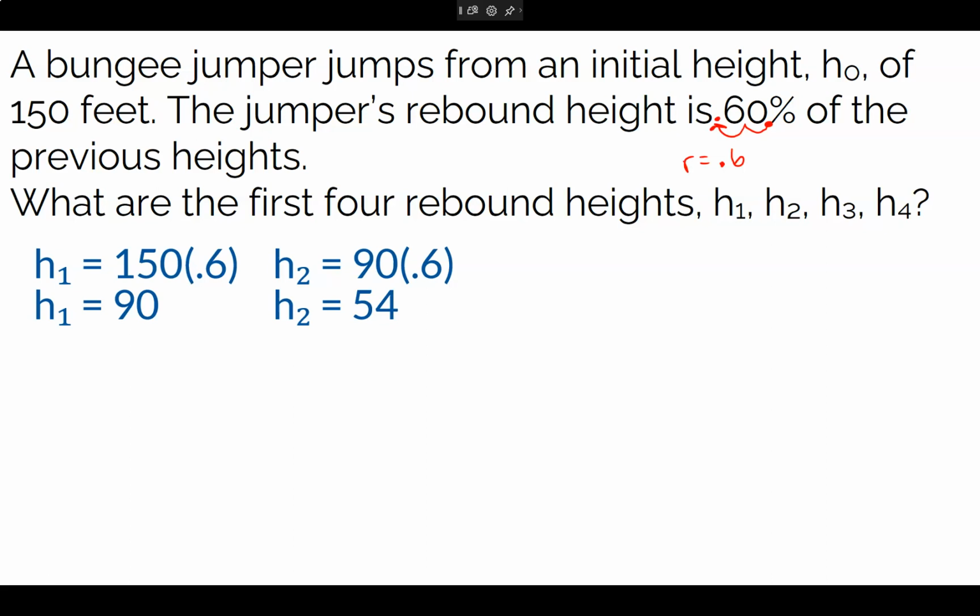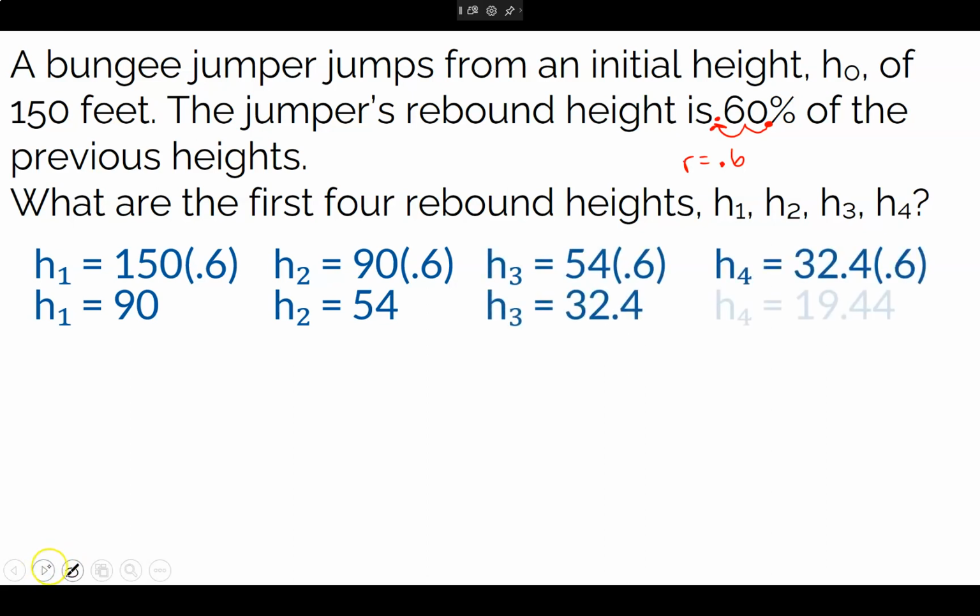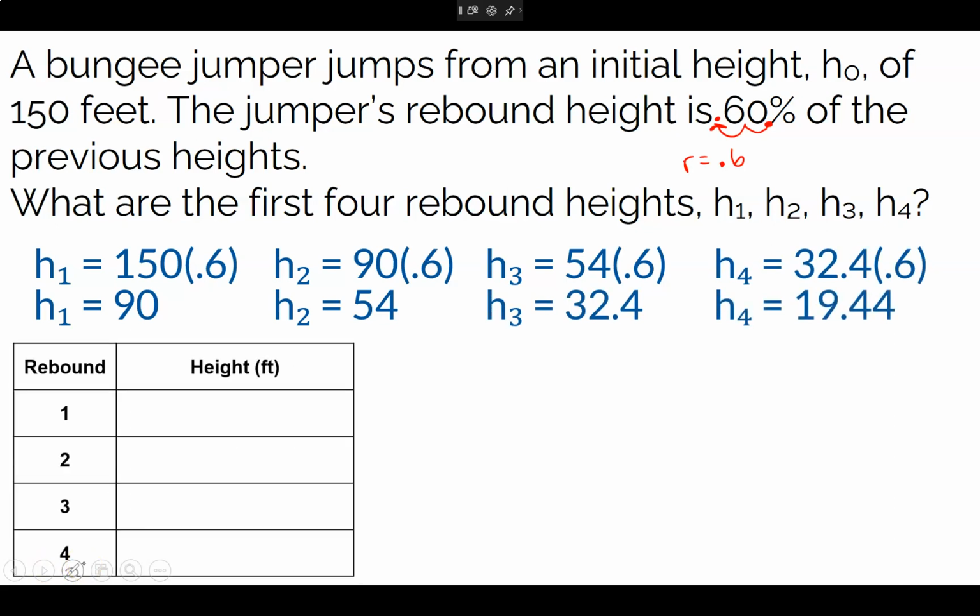Multiply the 54 by 0.6. Good. And then we're going to take 32.4 and multiply that by 0.6. So each height is getting smaller. If you think about a bungee jumper, that makes sense, because gravity, right? Bounces are not as tall.